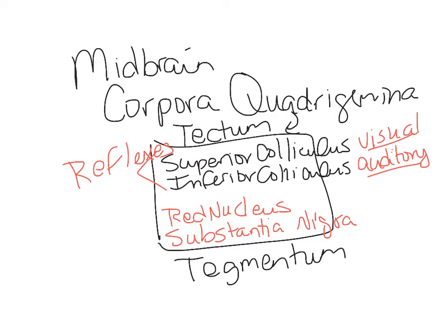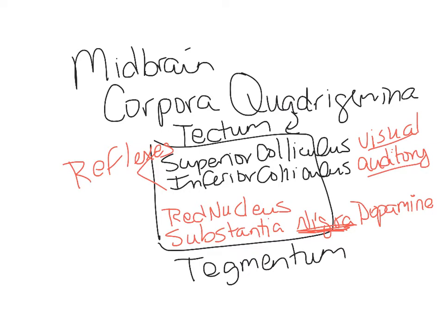Subconscious motor commands. So motor commands that you do with your arm without even thinking about it, right? You just move your hands, you move your arm, right? So it's subconscious control. The substantia nigra, meaning black, is a very dark area, and the substantia nigra releases dopamine. Now, we've mentioned dopamine before as a neurotransmitter.